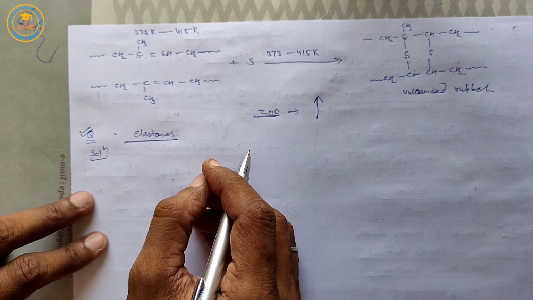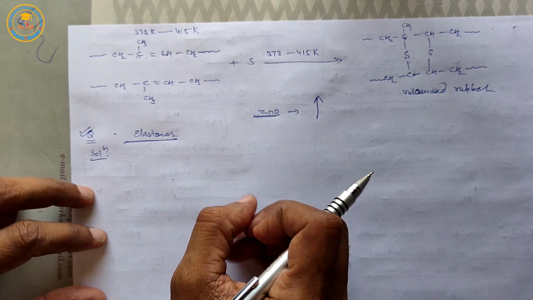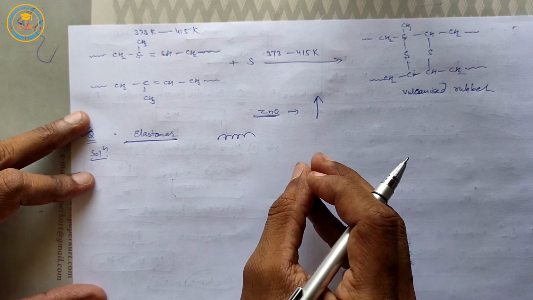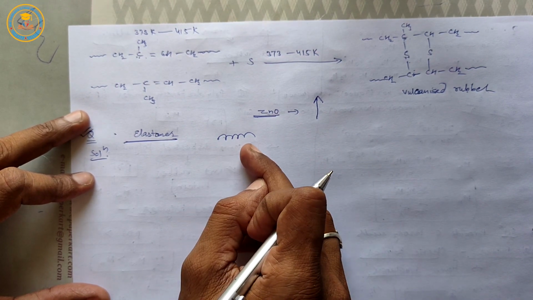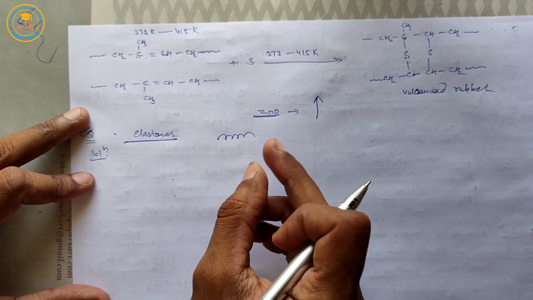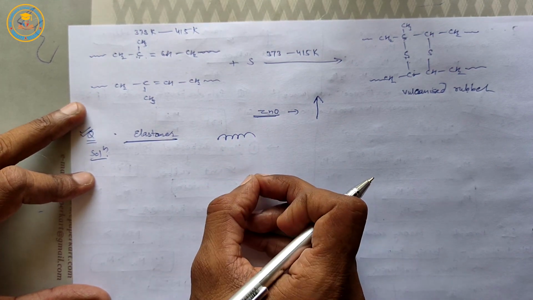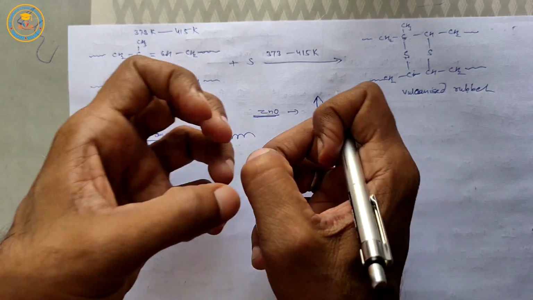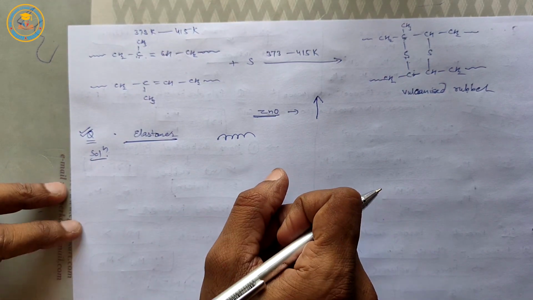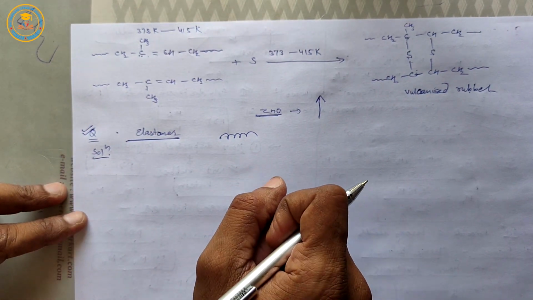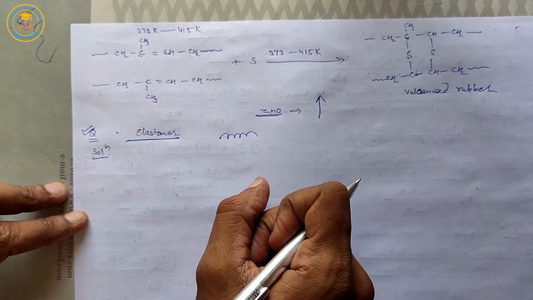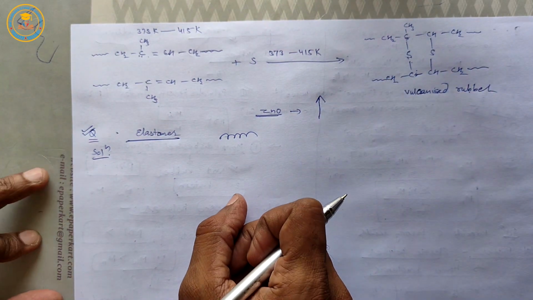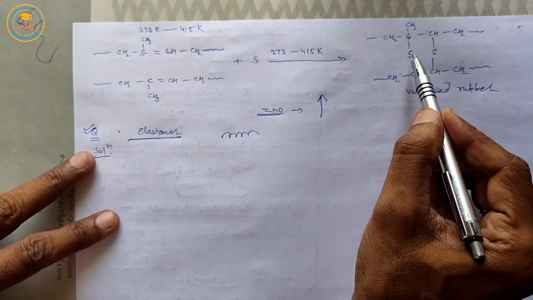Solution: the chains of elastomers are somewhat coiled. We have discussed the coil structure of elastomers in our previous video. When stress is applied, they become elongated. Their elasticity can be increased by introducing a few cross links between different chains.